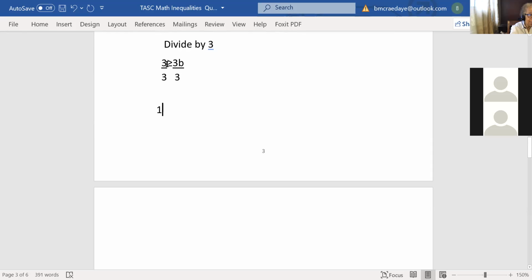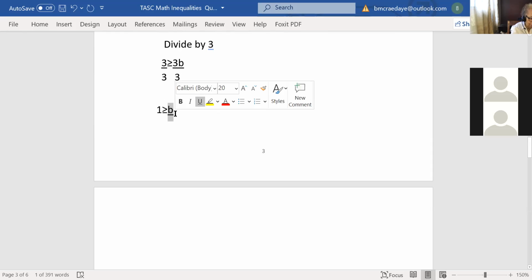So let's copy this and make this a 1. So that's 1 greater than or equal to b. 3 over 3 is 1, so that's 1b, and we can just write it as b. We don't have to put the 1.